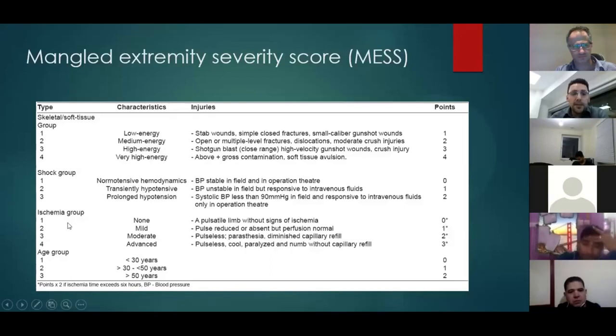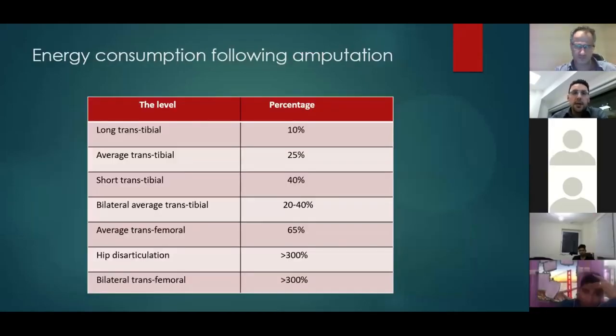The third parameter, which is the most important one, is ischemia. You can see there are 4 categories, and if the ischemia is more than 6 hours, you multiply the figure by 2. The last parameter is the patient's age. We know young patients, also children, have high potential for healing.